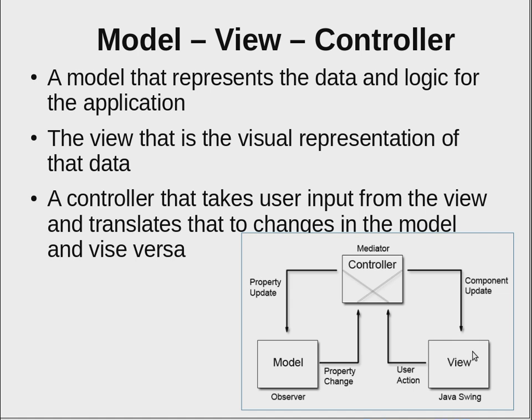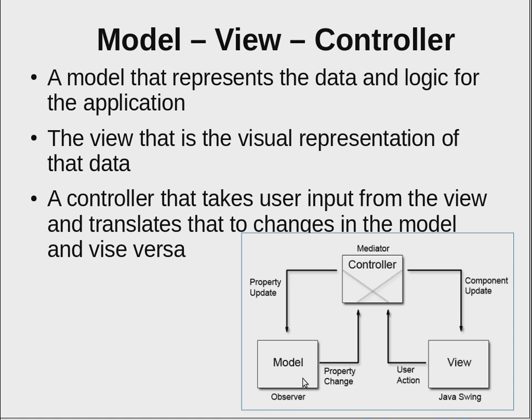So one part which describes what the user sees on screen, that is the view part. Depending on the actual framework you are using, it may be some kind of template files like XML, maybe also built dynamically using Java methods, but it describes what the user sees.